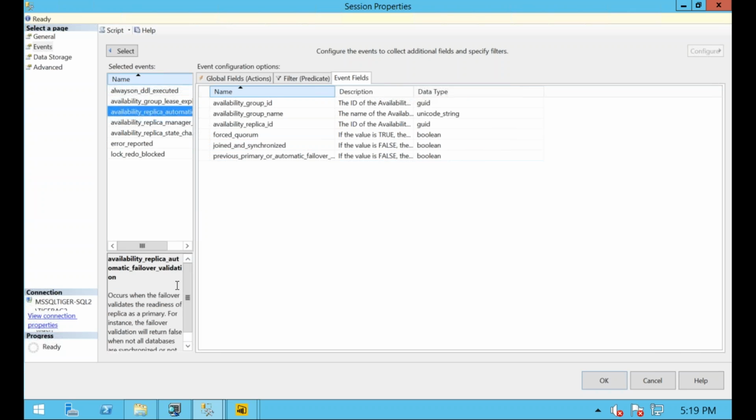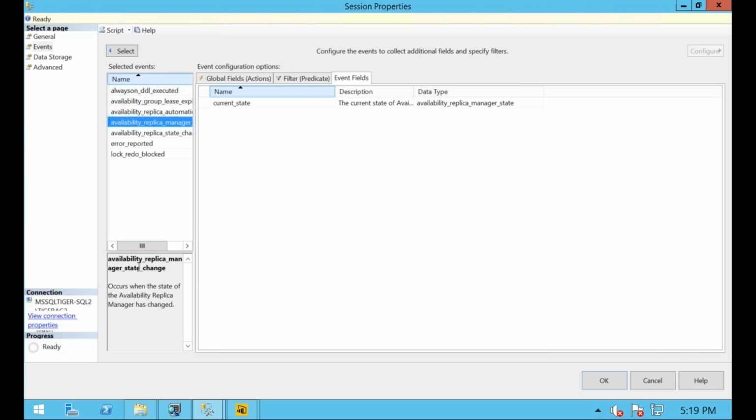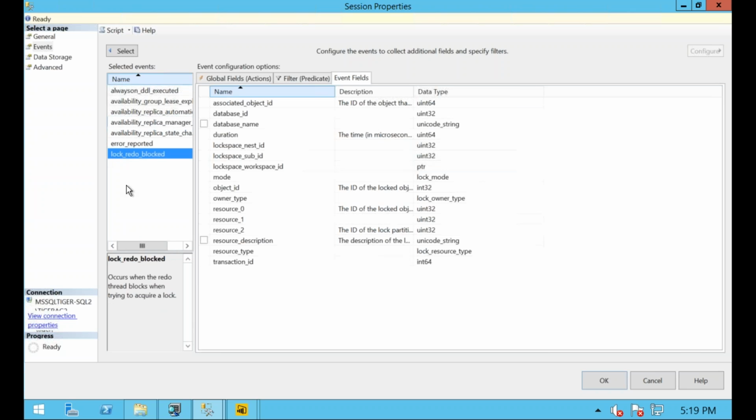Then you also get events like automatic failover validation, and replica manager state change, when it becomes a secondary from a primary. All of that is really useful. This is again super useful, which is lock redo blocked. This tells you when the redo threads are blocked while trying to acquire a lock.